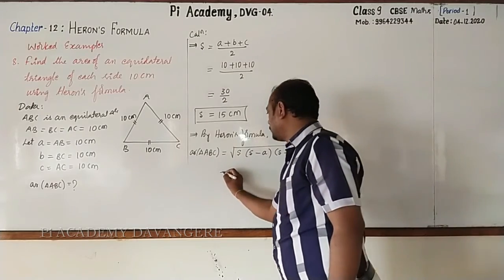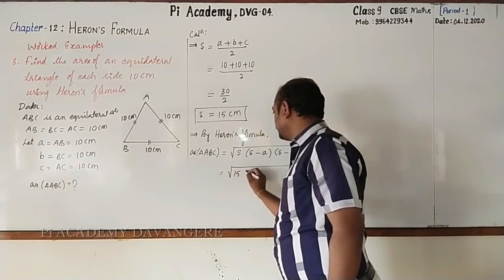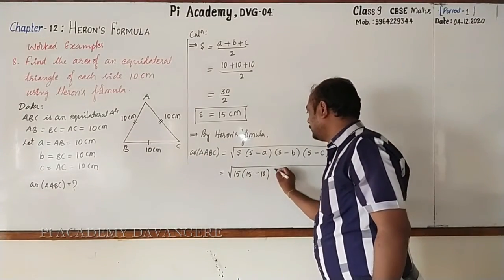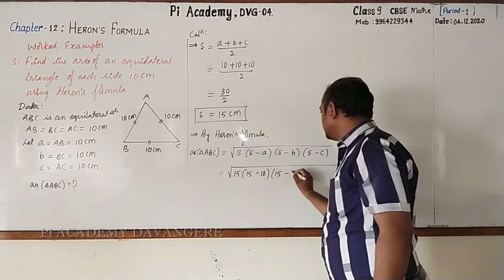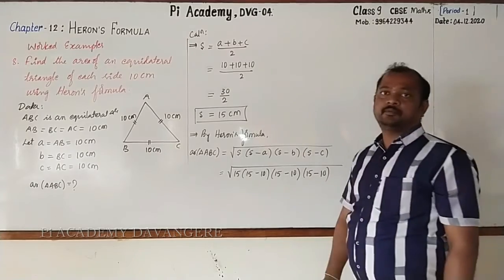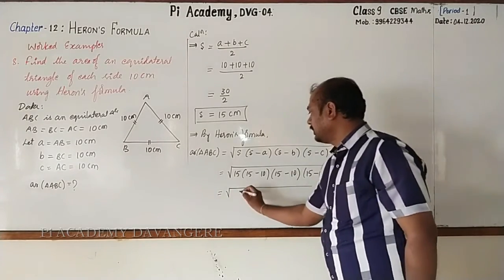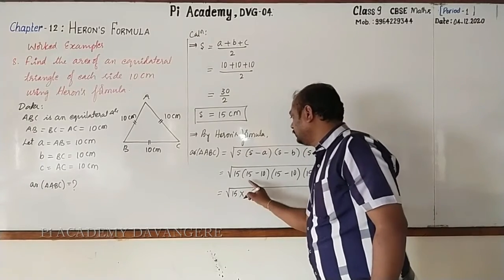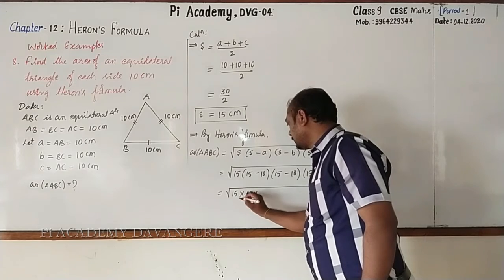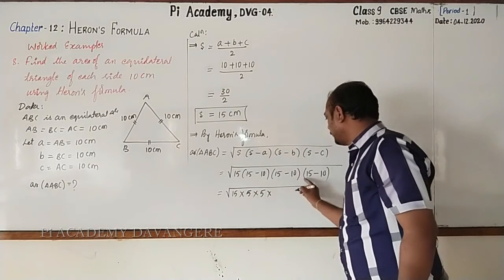This is equal to square root of, where s is 15 centimeter, 15 minus a is 10, 15 minus b is 10, 15 minus c is also 10. This is equal to square root of, here 15 into 15 minus 10 is 5, 15 minus 10, here also 5, 15 minus 10, 5.